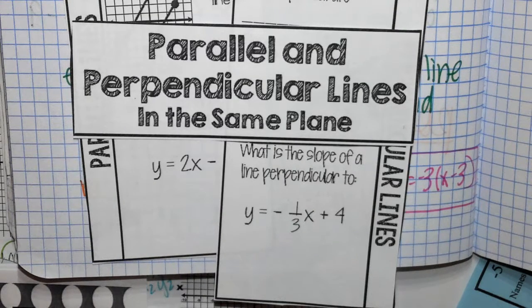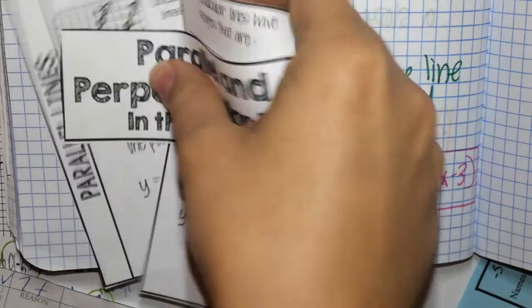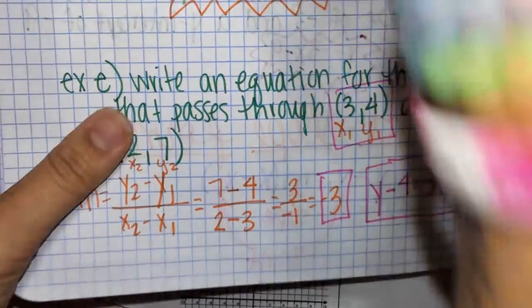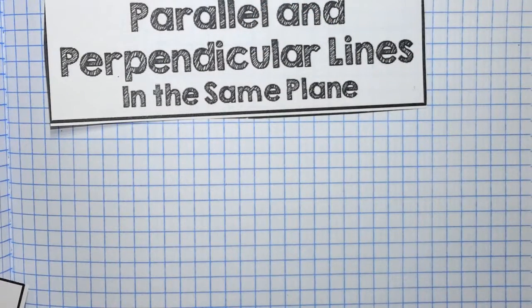So you will have 4 rectangles on your paper. Four rectangles. So at the top of your paper on 22C, you're going to write parallel and perpendicular lines. You're going to glue that down at the top.